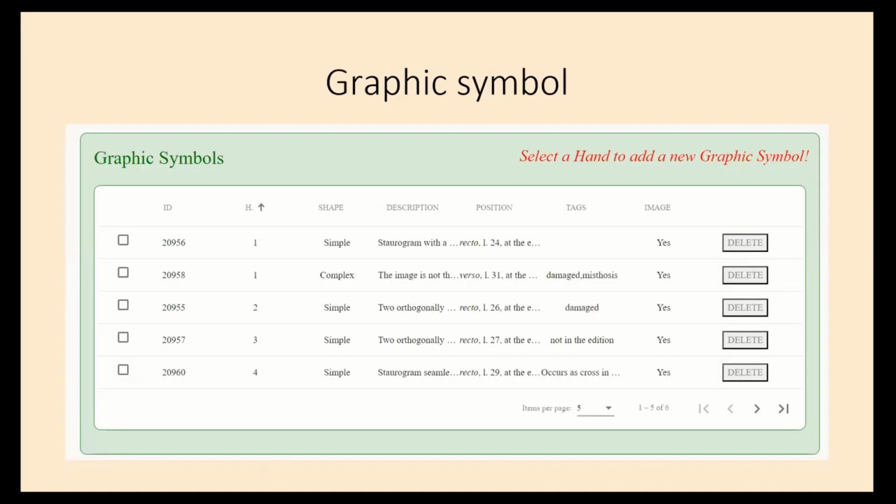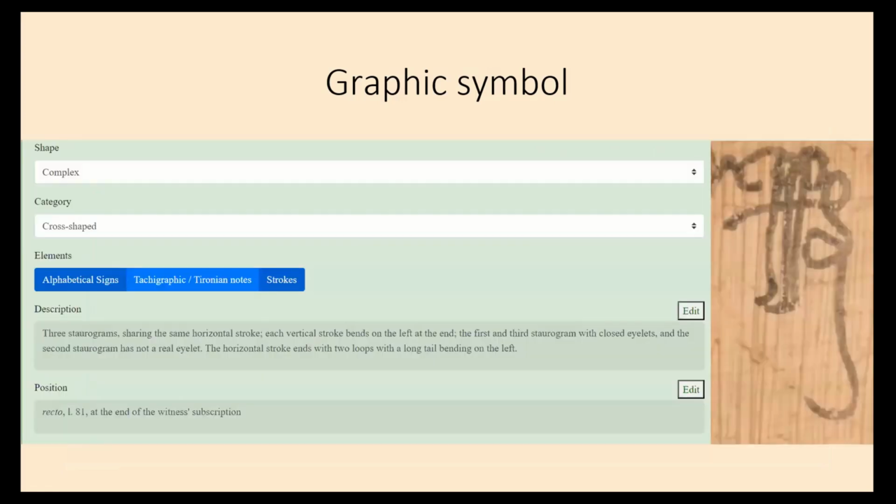In the graphic symbols sheet, we indicate which symbol is present, where each symbol is assigned to a particular hand. We describe symbols in their form and locate them precisely within the document, and we also provide a digital reproduction of the symbol whenever it is available online.